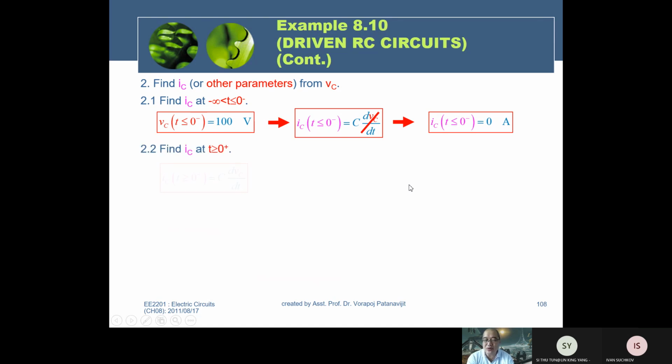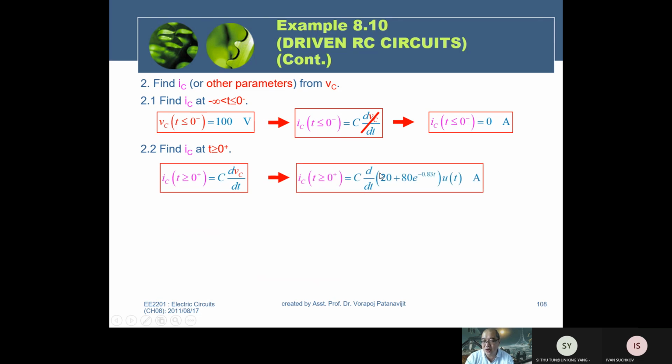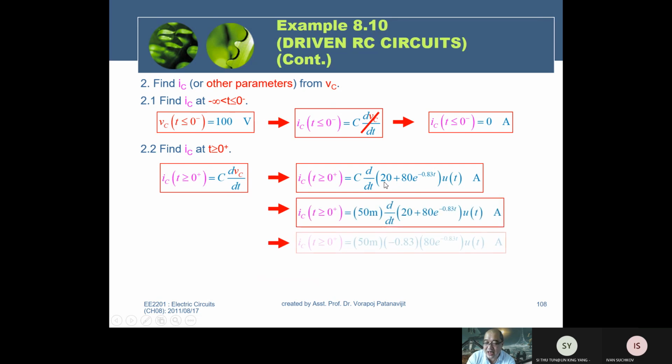Okay. Now for time greater than 0, VC is no longer constant. It is equal to 20 plus 80 e power minus 0.8 t. Take the derivative with respect to time. For the first term, the derivative of 20 gives you 0. The derivative of e^(at) gives you a e^(at).